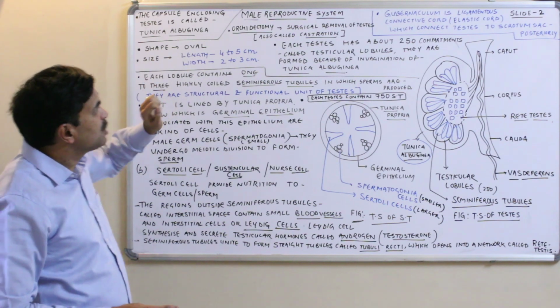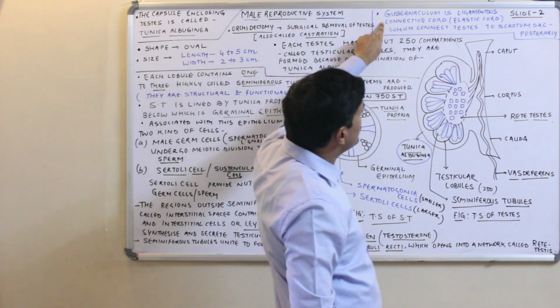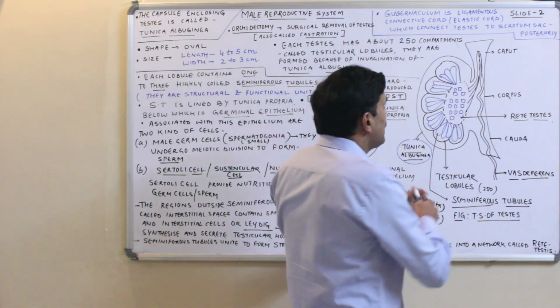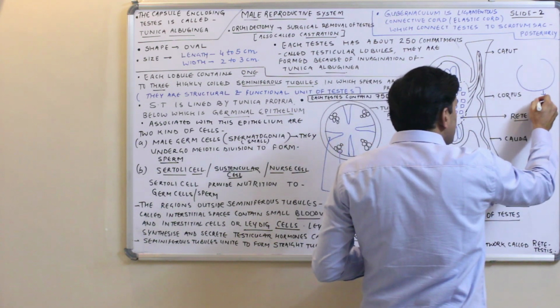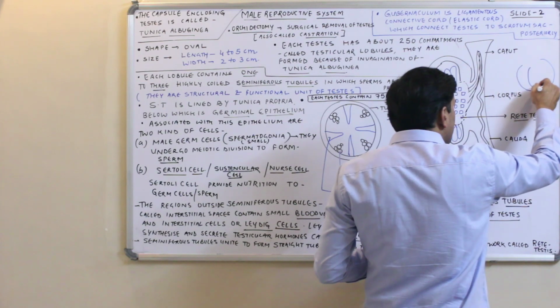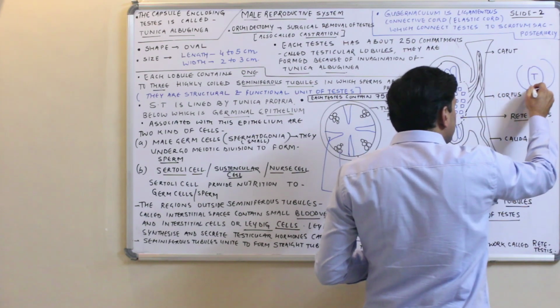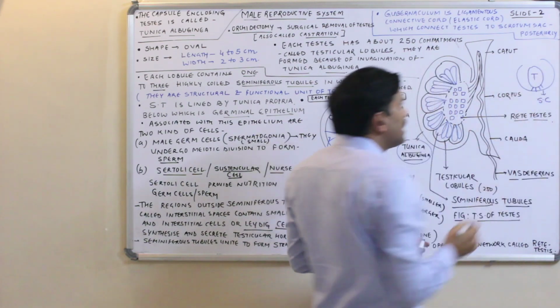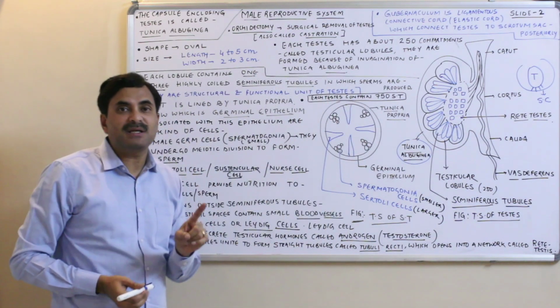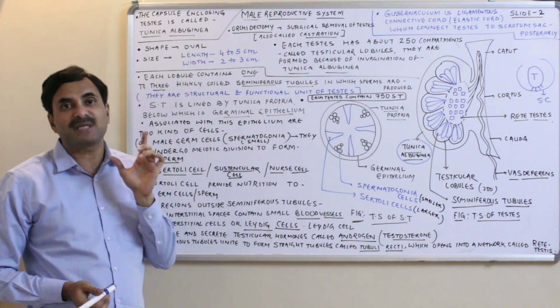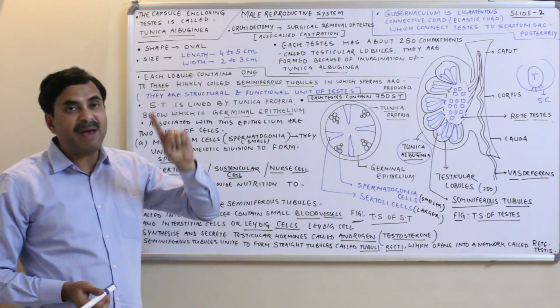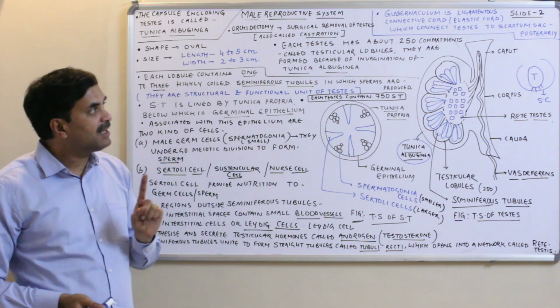One more thing you must know, that there is a structure known as the gubernaculum. Say this is the scrotal sac, and here the testes are. Now we know very well that in human beings the testes are found permanently in the scrotal sac. They never go back again into the abdominal cavity. Why?